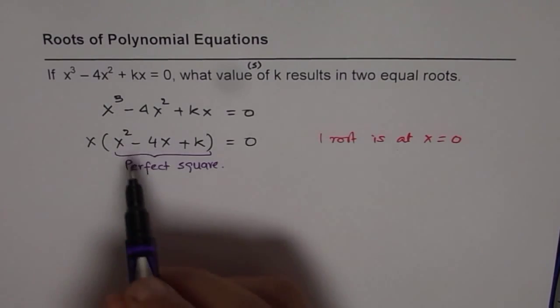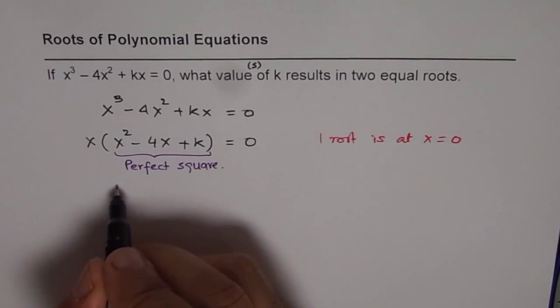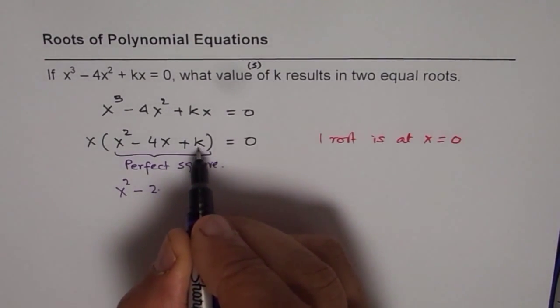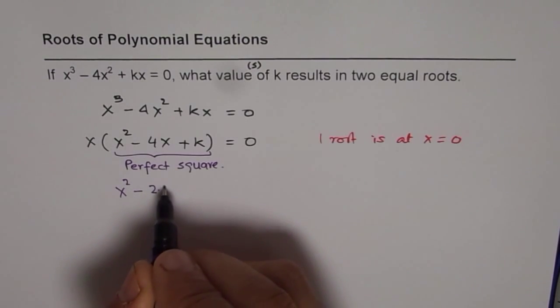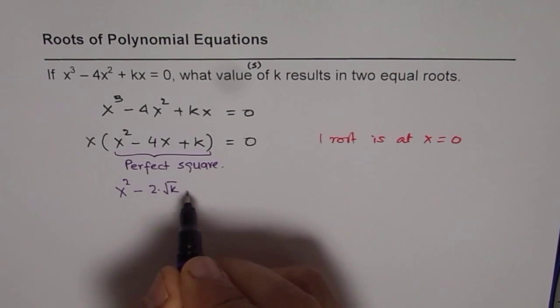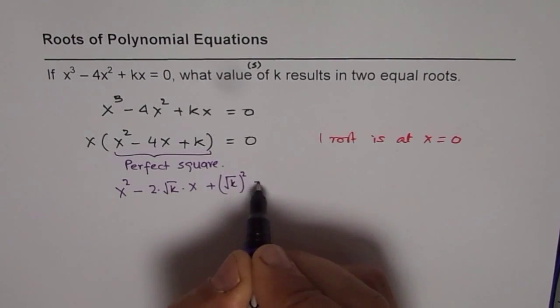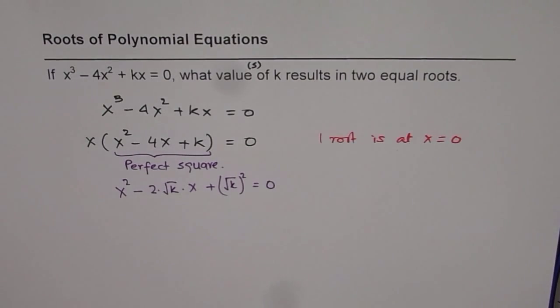So this could be a perfect square if I have it like this. Think like this: x squared minus 2 times square root of k times x, plus square root of k whole squared equals 0. That is the formula, correct?